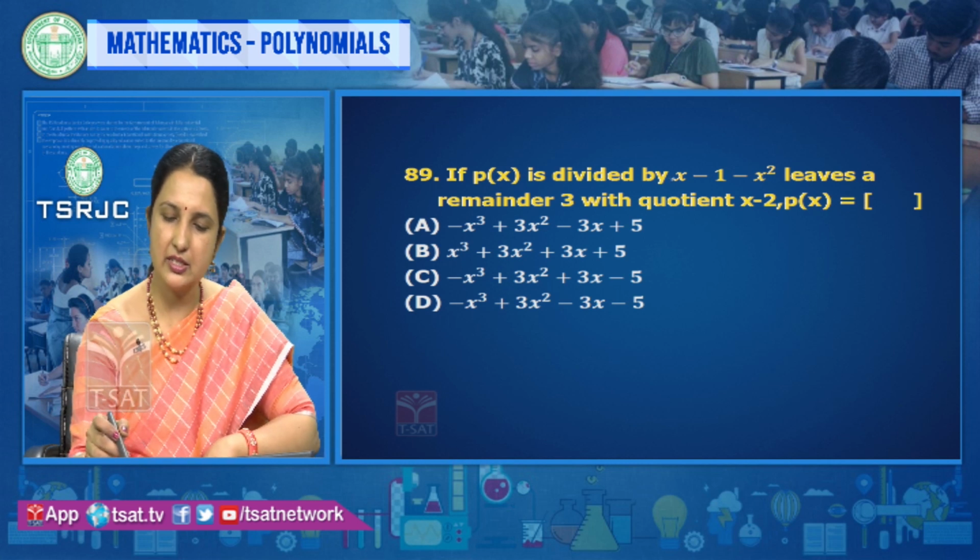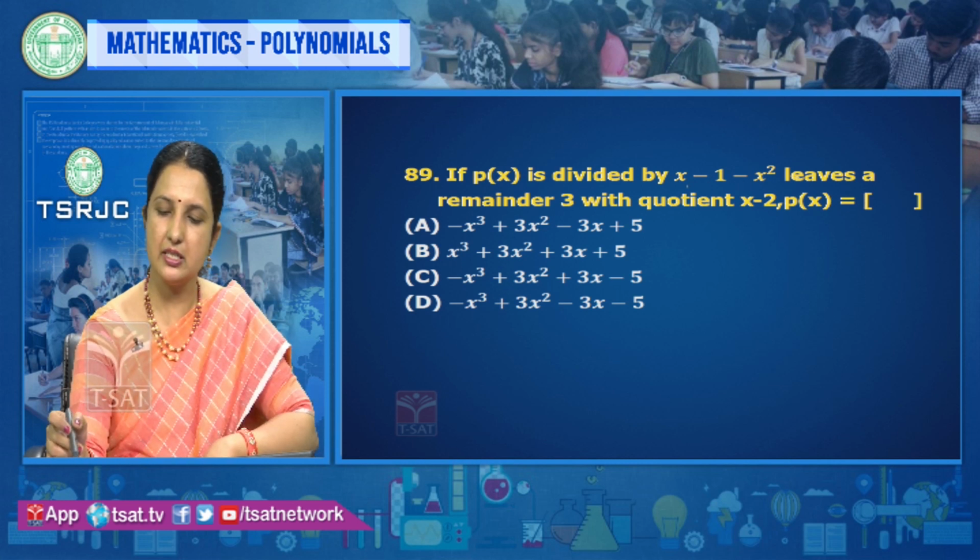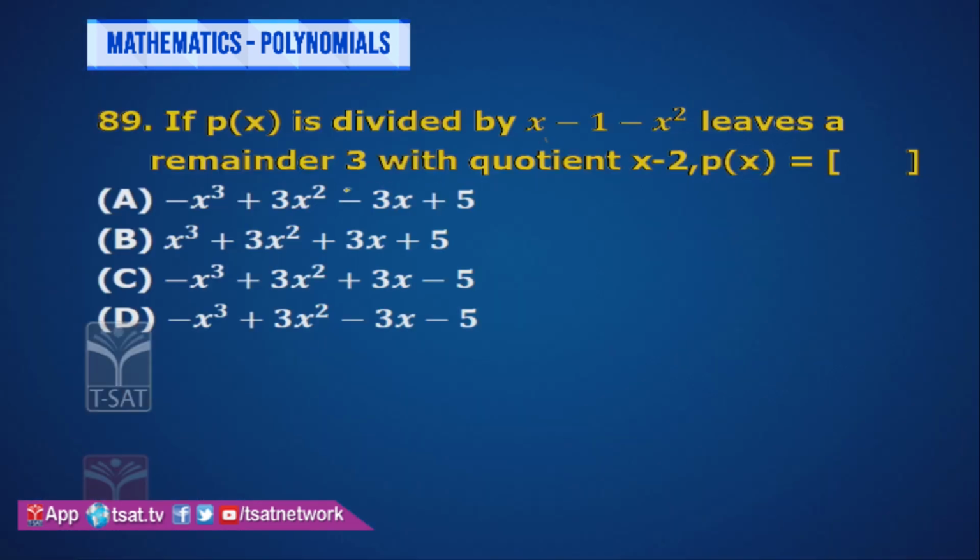Next, if p of x is divided by x minus 1 minus x square and leaves a remainder 3 with quotient x minus 2, then p of x equals what? So, what is the divisor? X minus 1 minus x square. What is the remainder?